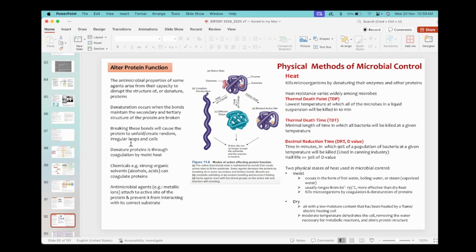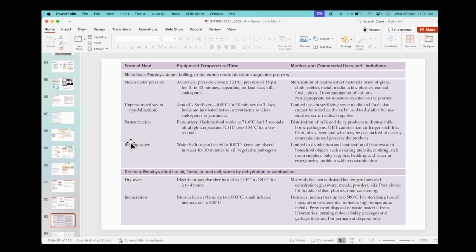So when you talk about heat to kill the bacteria, there's moist heat and there's dry heat. Moist heat is more effective than dry heat, okay, because it can enter the cell better. So these are forms of heat.